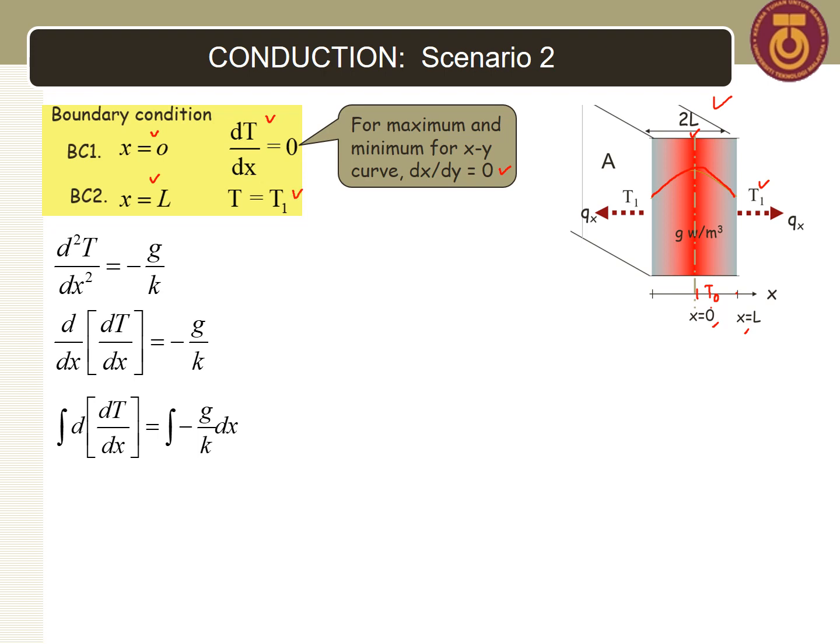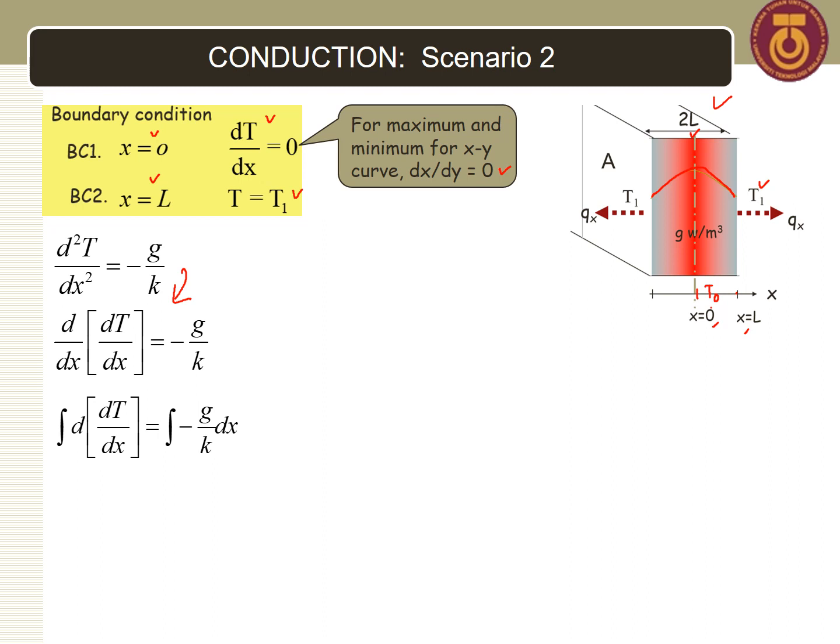Okay, let's get started. d2T over dx2 equals negative g over k. So we write it in this form. Then integrate for the first time. Since it's a double differentiation, we need to integrate two times. So we integrate for the first time.